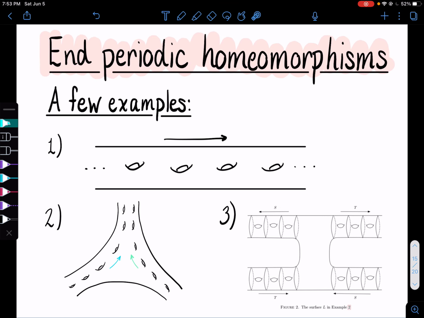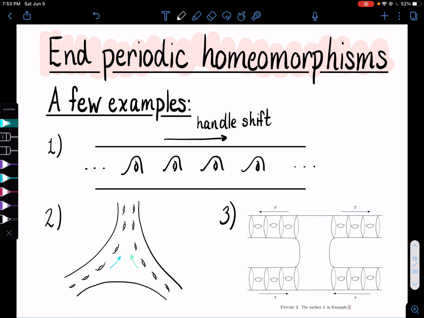So first I've drawn an example that's just happening on this familiar ladder surface, right? This infinite genus surface with two ends accumulated by genus. And we can think of a homeomorphism of this surface called a handle shift, where we just take each handle. Maybe I can redraw these a little bit more clearly so that they look like handles if I pull them up out of the surface like this.